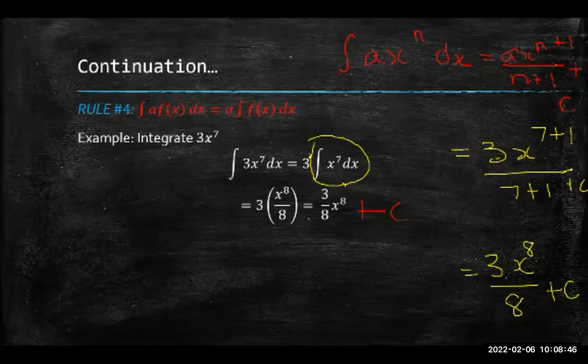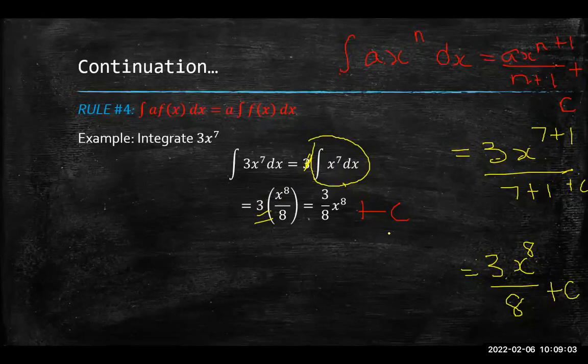I'm ignoring the 3 for now. I'm just trying to find what's the integral of this. When you apply the rule, you get x to the power of 8 divided by 8. But then, remember it's 3, right? So it's 3 multiplied by this integral, and you get your answer. Remember to put plus c. Do you understand that? Yes? No?